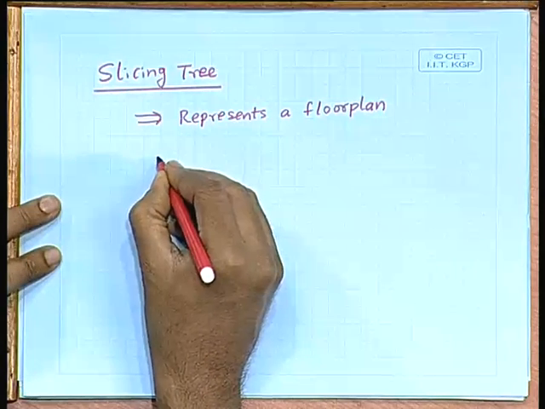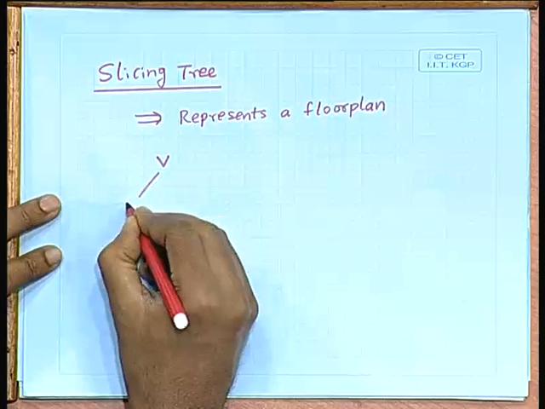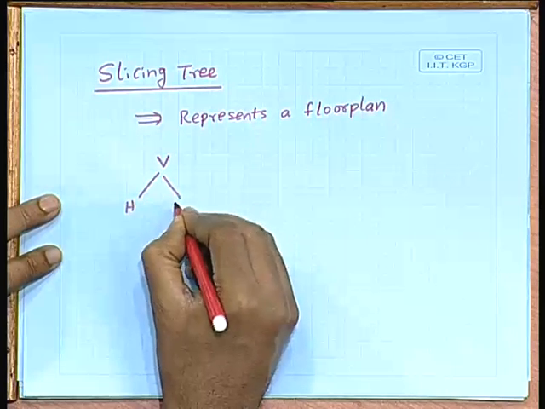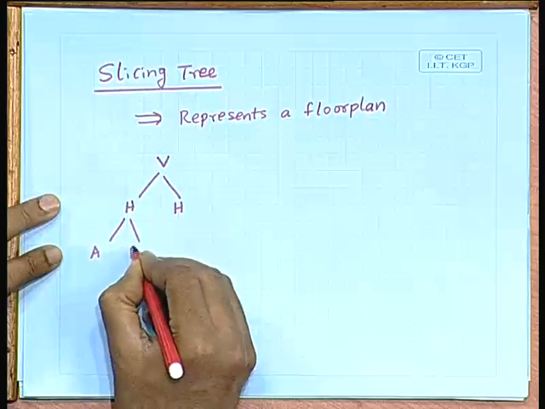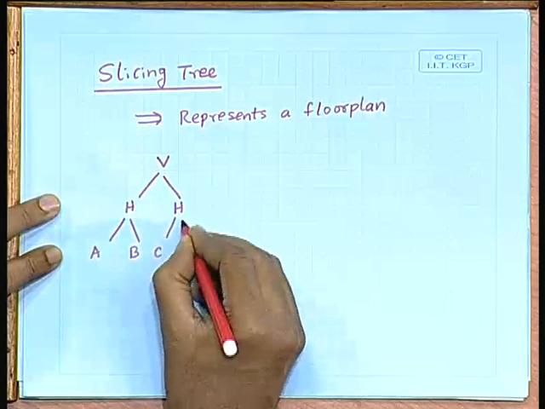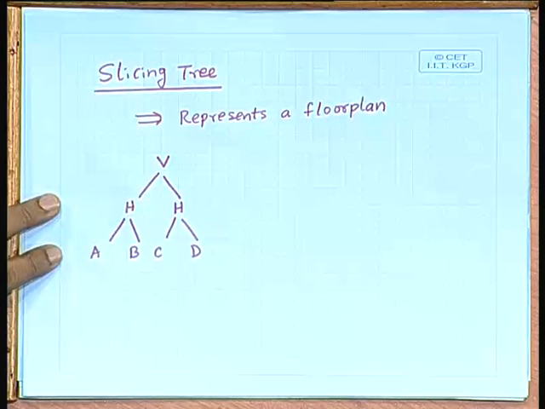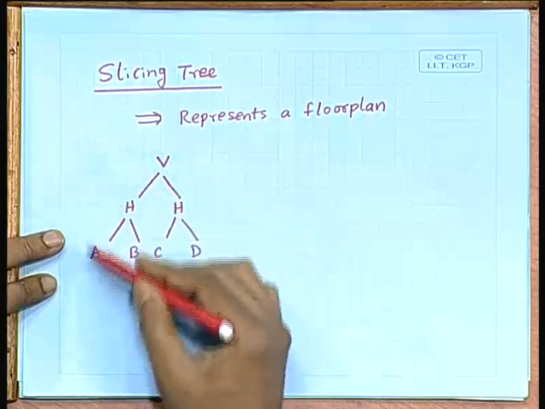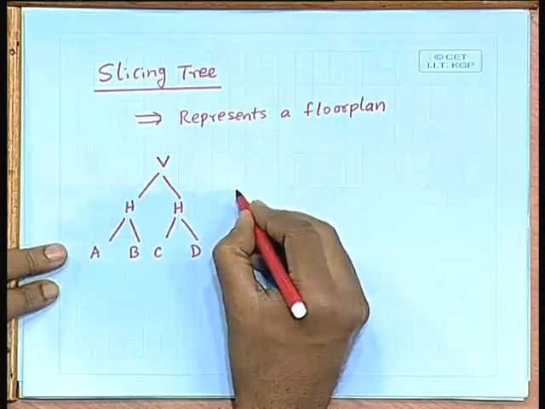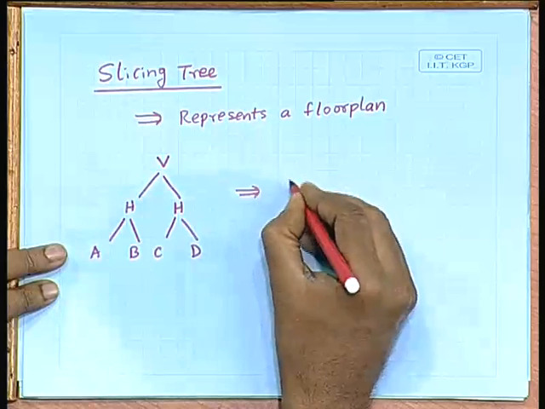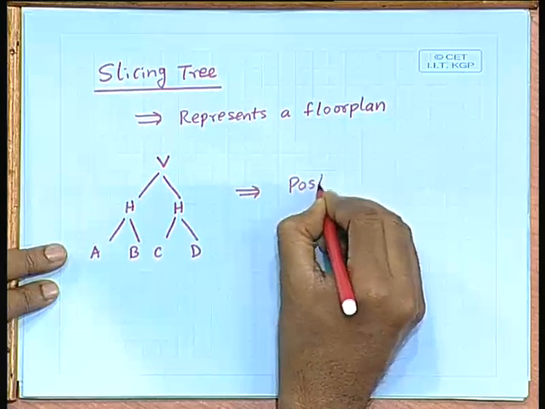Let us take an example: vertical, horizontal, horizontal, A, B, C and D. So, this is a tree, and it can be represented in some standard notation. Here we are using the Polish postfix notation.